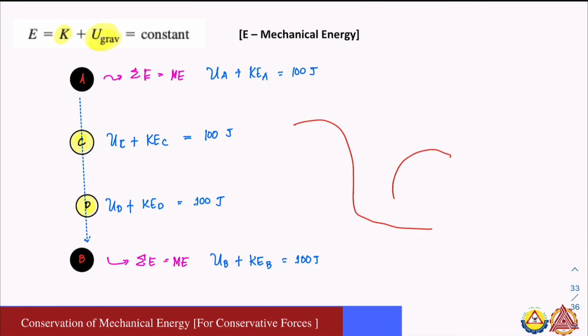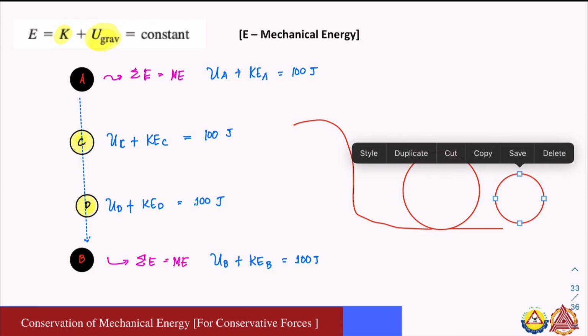Okay, it's not working. Let's try it a third time. Okay, good. And then another one, assume that it's flat. Let's try my best. And then another circle over here. Should be flat over there.